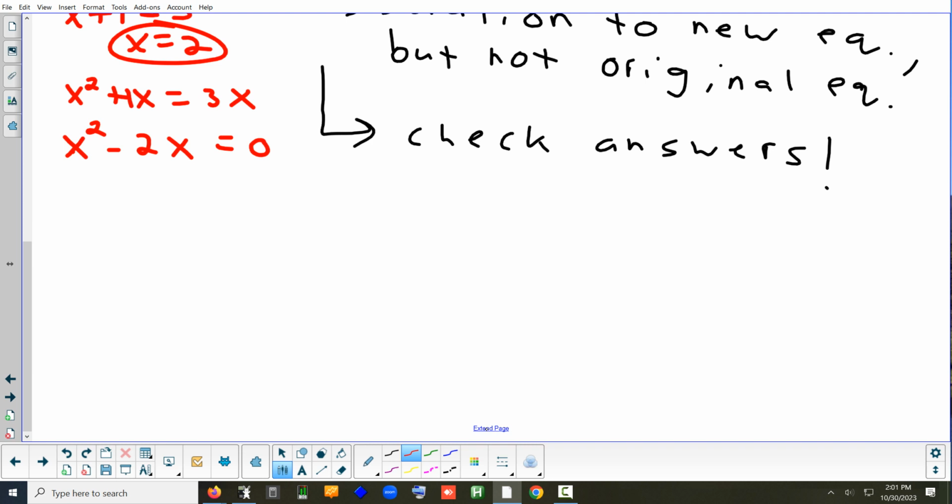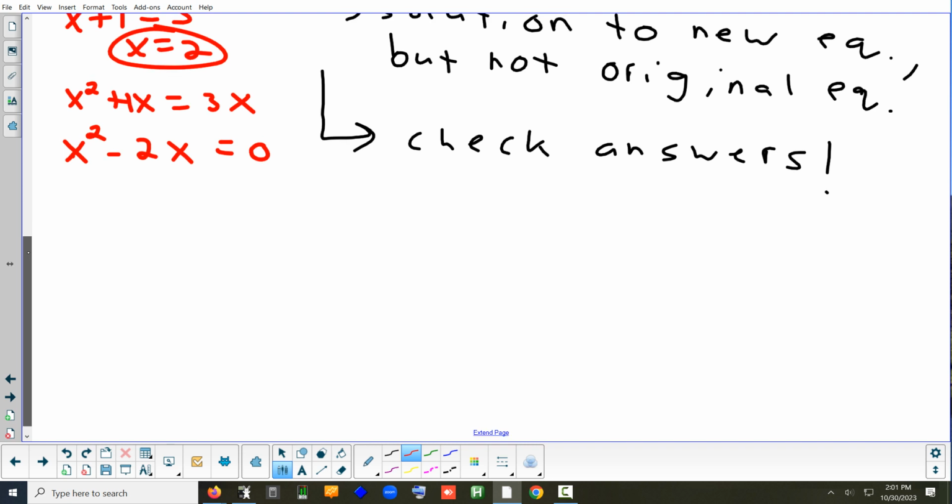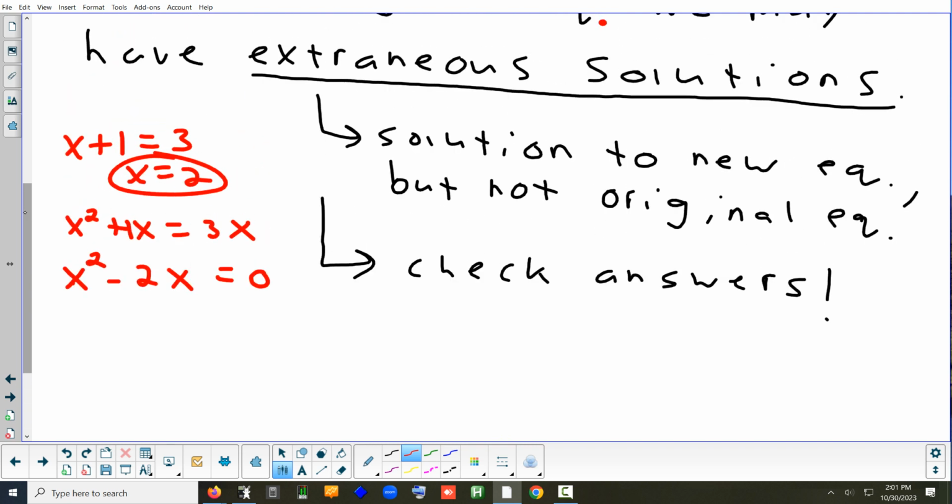Now, what do both of these terms have in common? X. Yeah, they both have an x in common. So let's take that x out. What would that leave you with in parentheses? x minus 2.